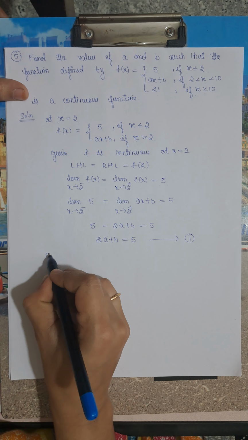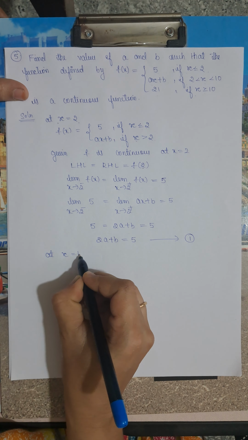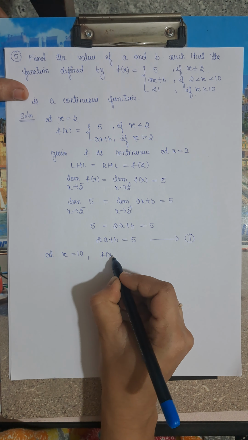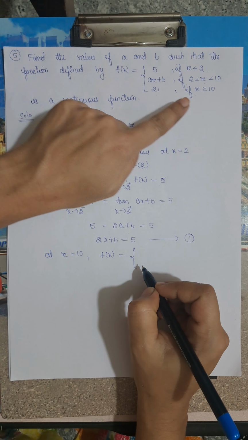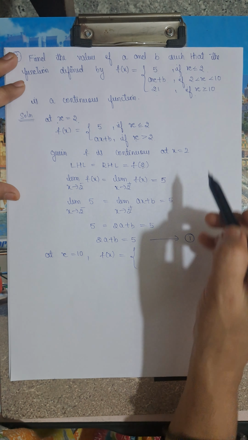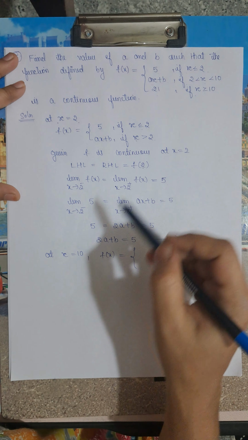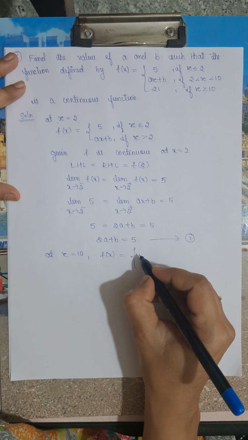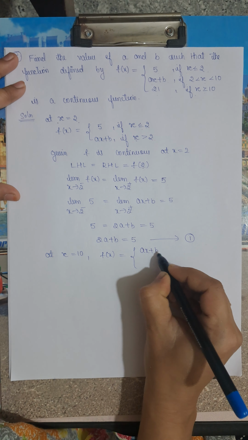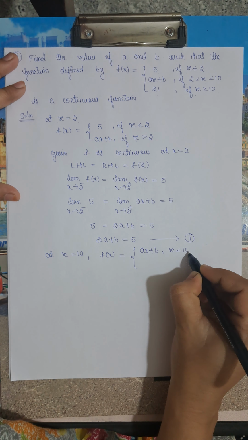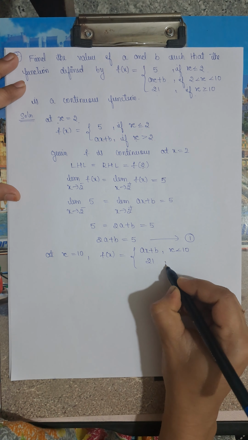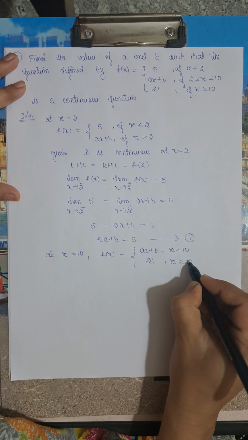Now at x equals 10, we can clearly see over here they have given the function ax plus b if x is less than 10, and 21 if x is greater than or equal to 10.